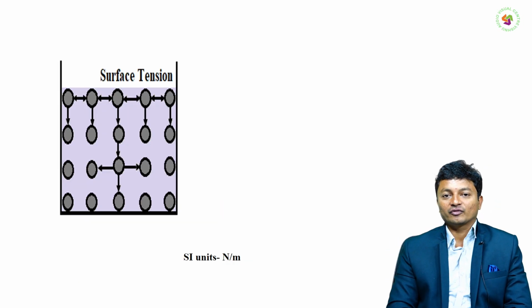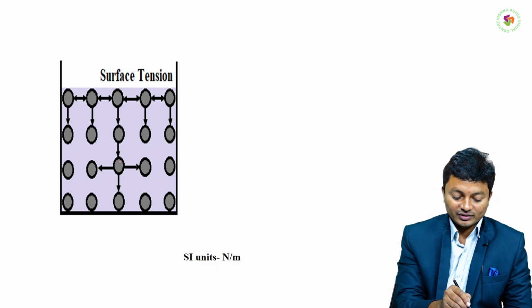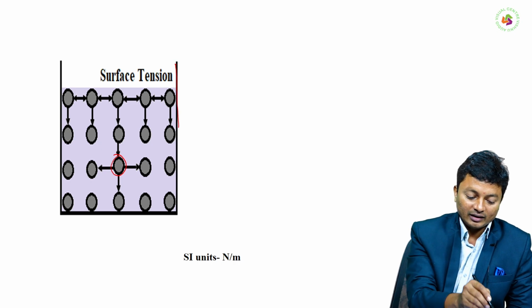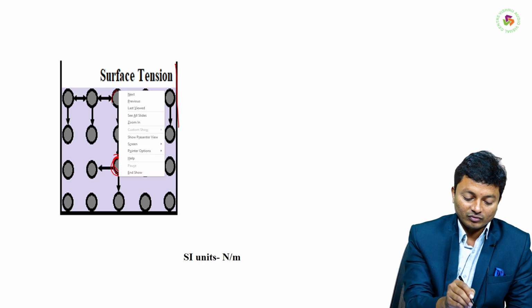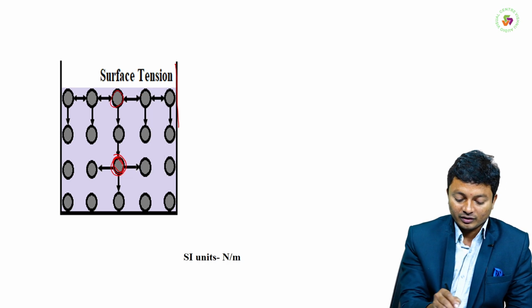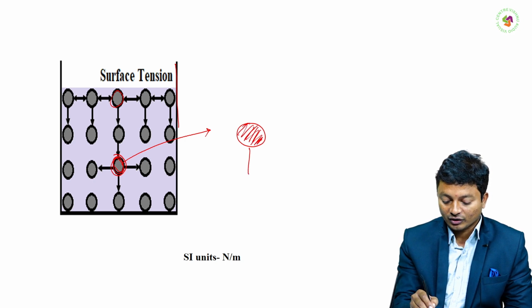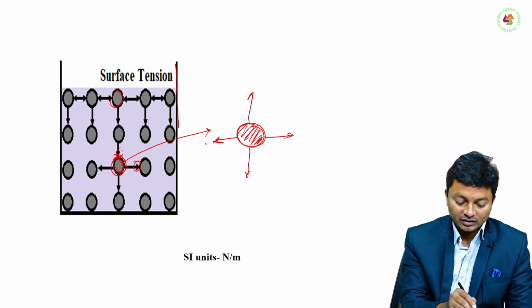To understand surface tension, let us take water as a sample. This is the beaker, and in this beaker we have water. If you look at this molecule, it is affected by the tension or force in all possible directions.